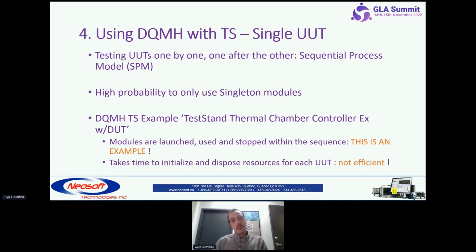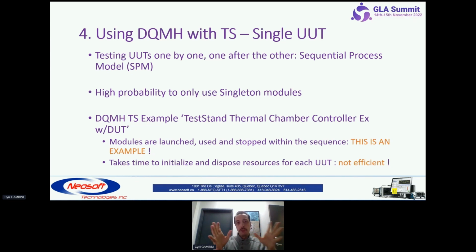So now we can maybe dive into the usage of DQMH from your sequences. If you want to test a single UUT, there is a great chance, or 99% of the time, that you will use a sequential process model. I will refer to the sequential process model as SPM in the future slides.